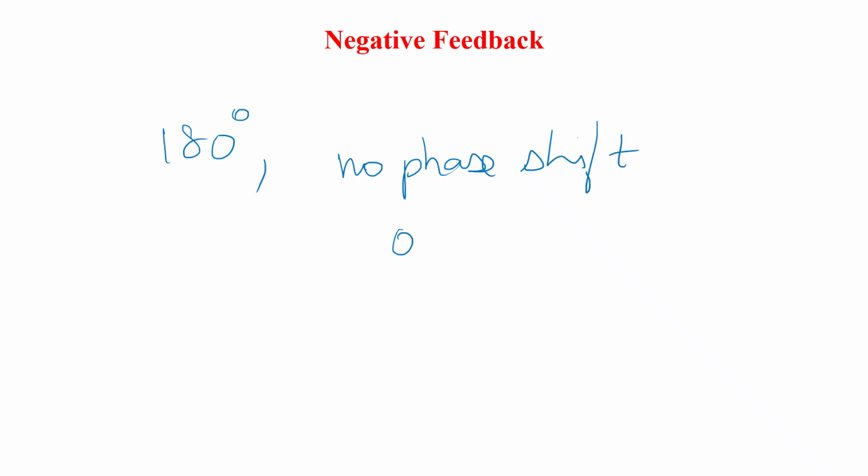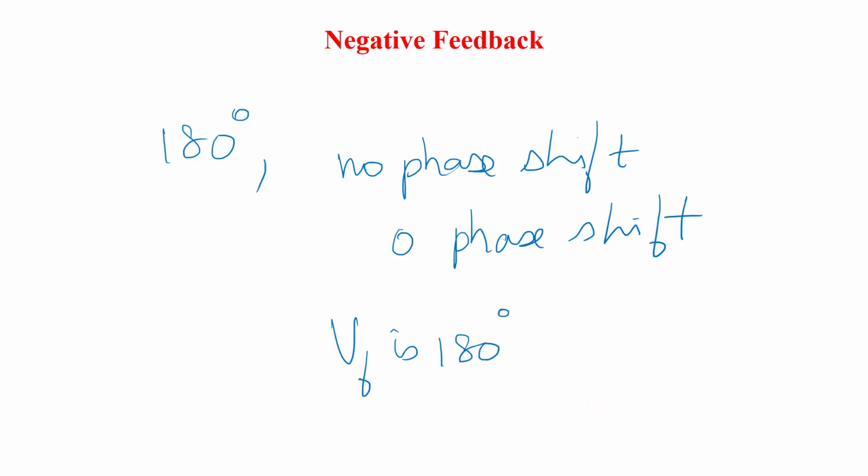In negative feedback, the amplifier introduces a phase shift of 180-degree into the circuit, while the feedback network is so designed that it produces no phase shift, or zero phase shift. Thus, the resultant feedback voltage Vf is 180-degree out of phase with the input signal Vin.